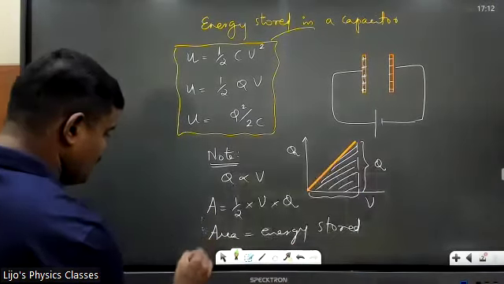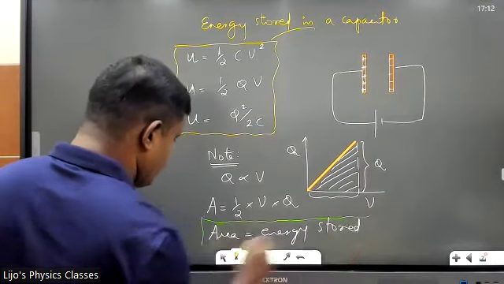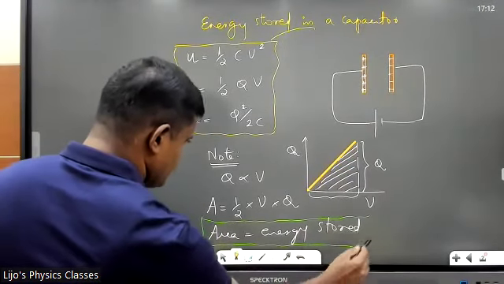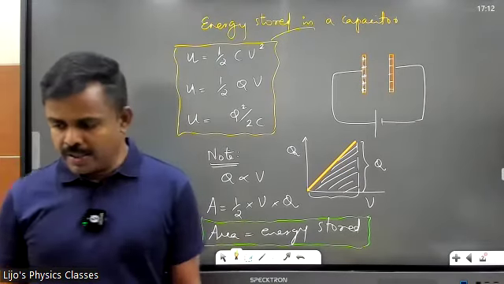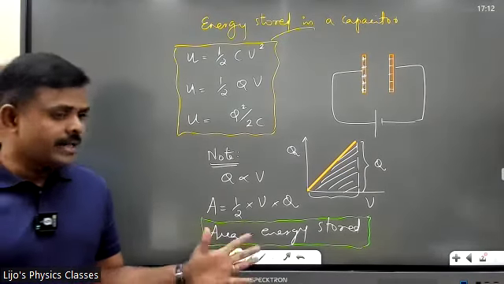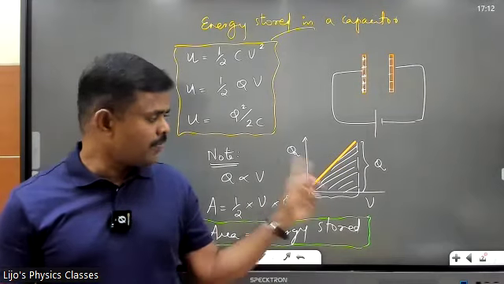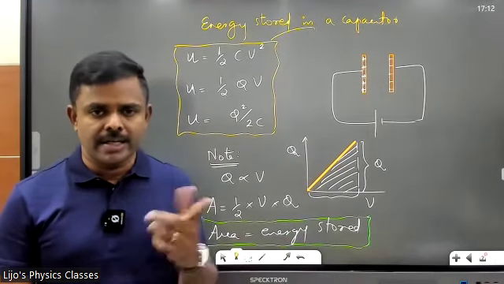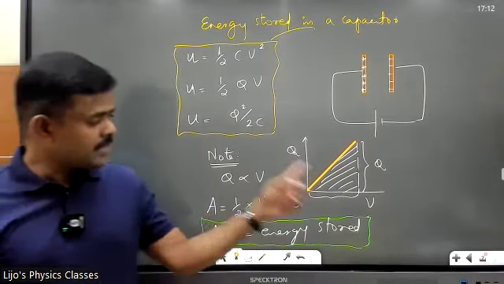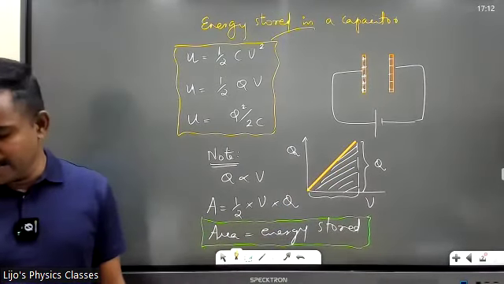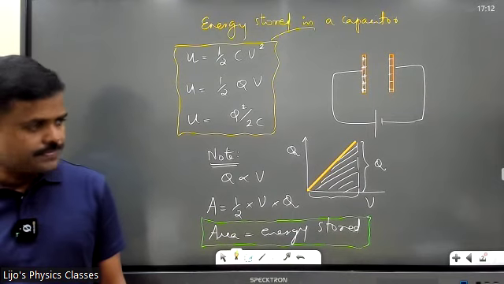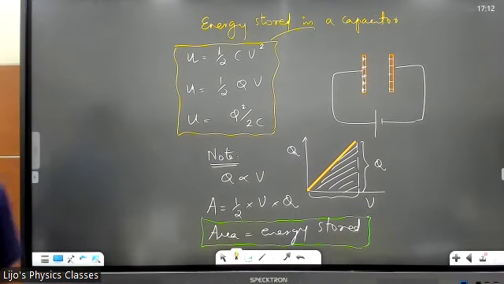So basically, the area under the QV graph is energy stored in the capacitor. It's a previous board question, the first question on the worksheet. Slope of the QV graph is capacitance. We did that in class. Slope of this graph, Q by V, is capacitance. Area under the QV graph is energy stored. All of you finished this?